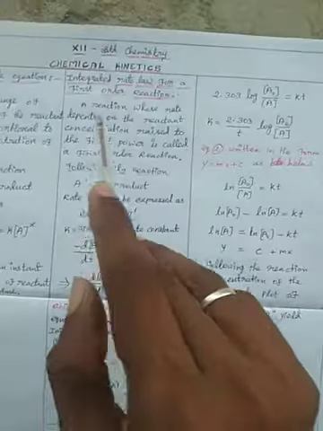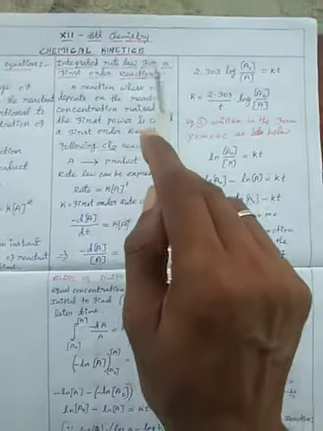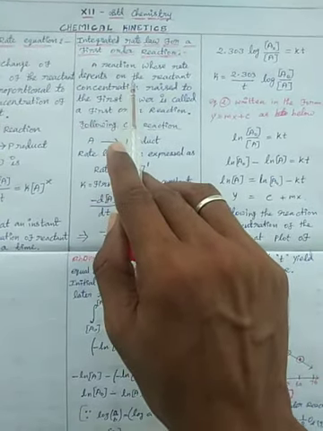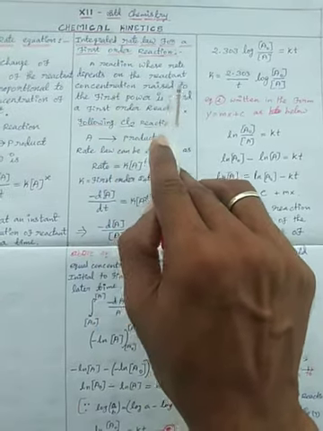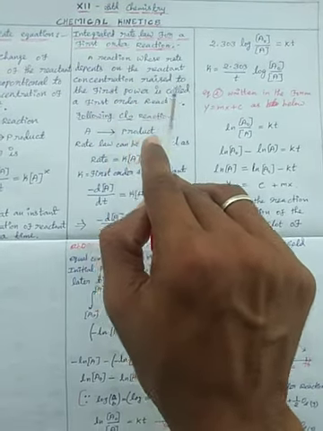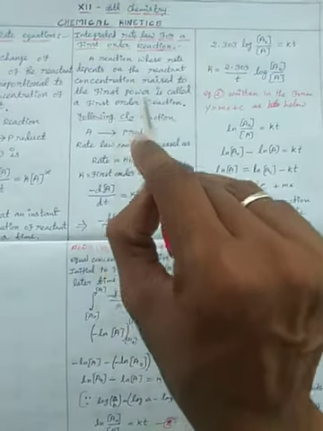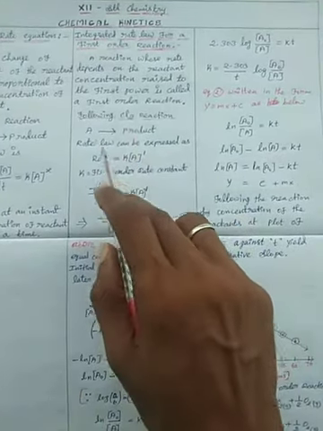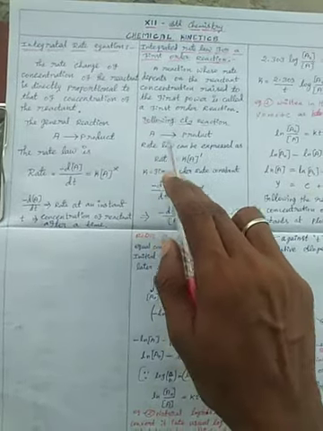First of all, important: the integrated rate law for a first order reaction. A reaction whose rate depends on the reactant concentration raised to the first power is called a first order reaction. The same applies, A gives product.